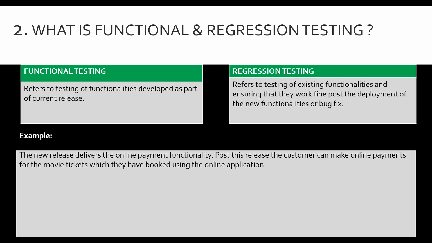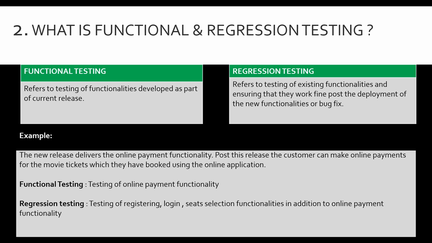So let's look at what is functional and regression testing in this example. Functional testing refers to the online payment functionality which is being deployed as part of the current release. So it's a new functionality, and testing of that is known as functional testing. Regression testing is testing of the functionalities which were already existing, like registering, login, and seat selection for the movies.